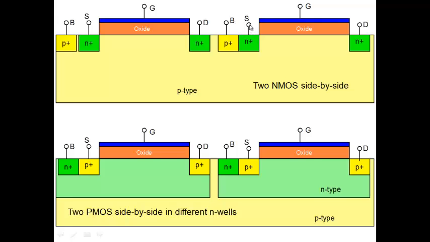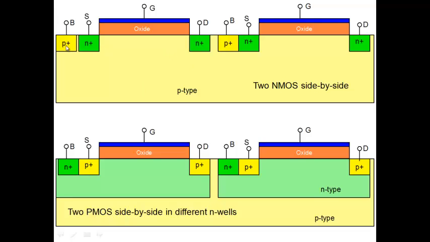If I connect 1.3 to the body, source and body together, then the body goes to 1.3, and the body has to be at the same potential, which means I'll have to make this also 1.3. If this is 1.3, p-type, and the source was connected to ground, so the body is at 1.3 and the source is at 0, what has happened to your PN junction? It's forward biased. So you can't do that.